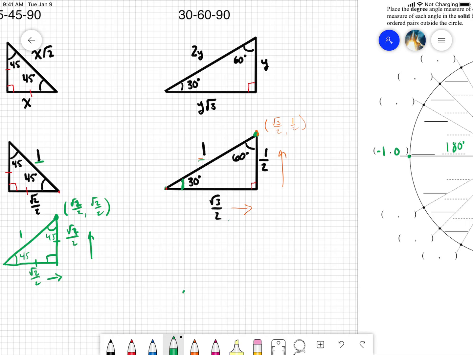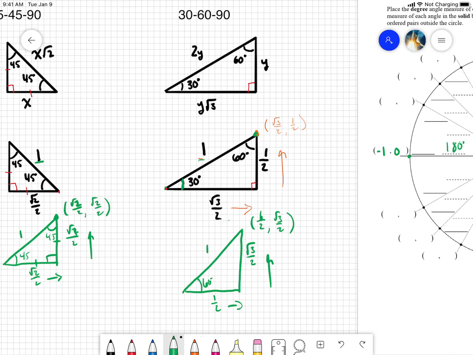So what I've got is now 60 degrees here, but I still have a hypotenuse of 1, right? So this is now going to be rad 3 over 2 on this side. This is going to be 1/2. So what I've actually done is I've gone to the right 1/2 and up rad 3 over 2, making this coordinate 1/2, rad 3 over 2.